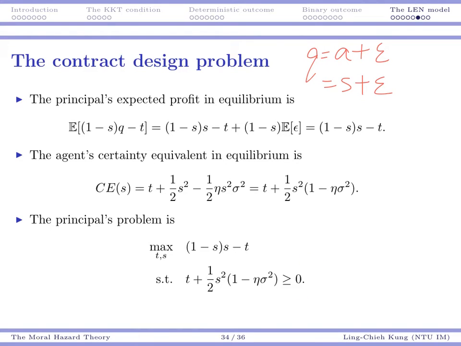Here, we consider the certainty equivalent instead of the utility function, but it doesn't really matter because you can always scale. If this is non-negative, that means the negative exponential utility function is above a certain level. If you need the utility to be above, for example, 0, then this would become another constant. But as long as the right-hand side is a constant, it doesn't really matter.